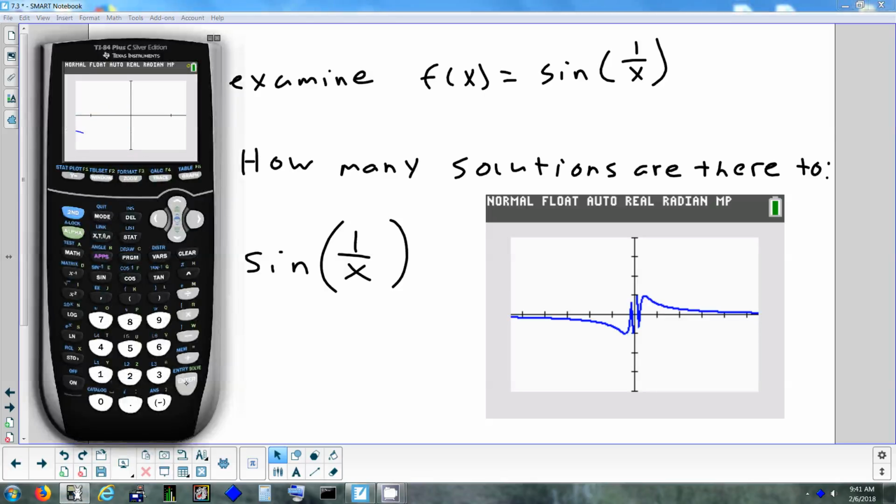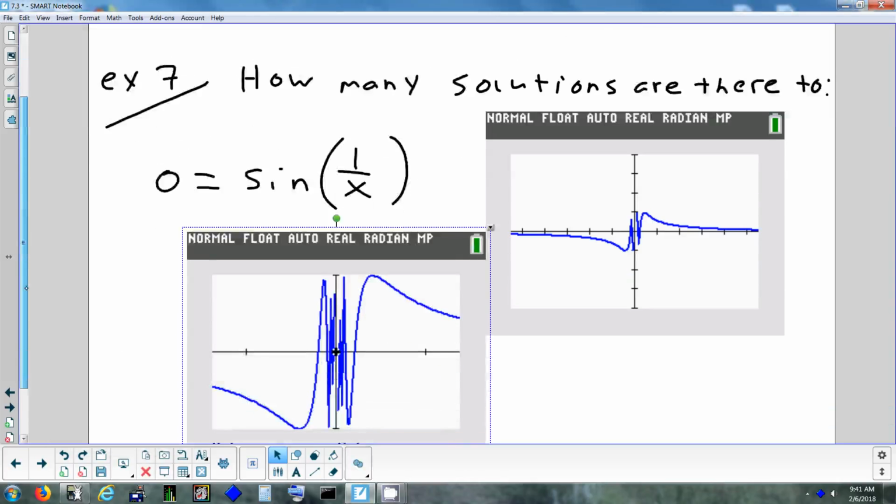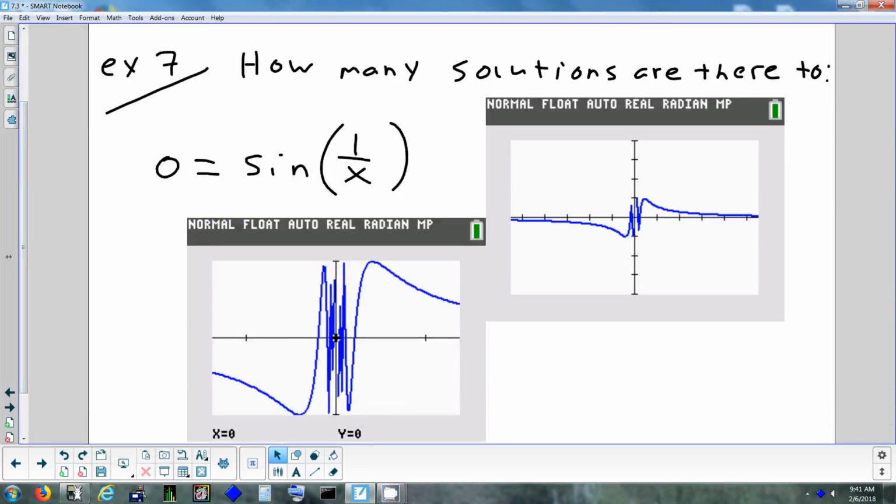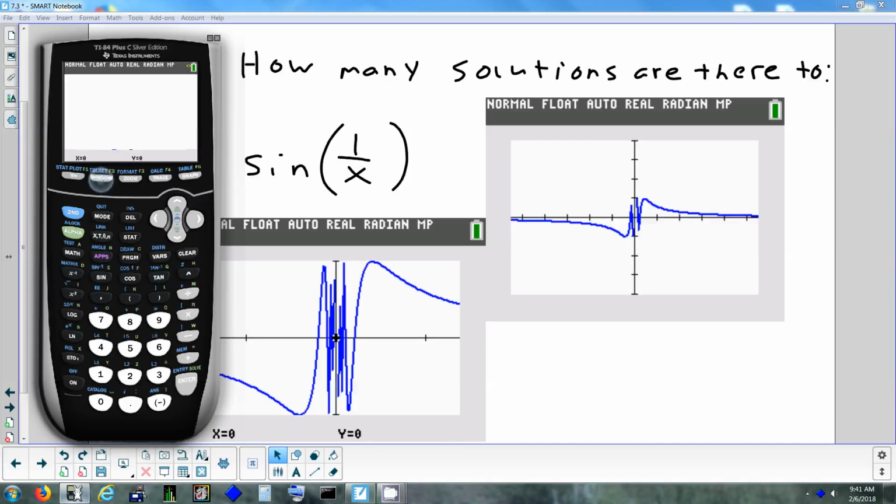So let's zoom in. All right. How many times does it look like it's crossing now? It's not very easy to tell. Let's set the window manually. Let's go from negative 0.8 to 0.8 and graph that.